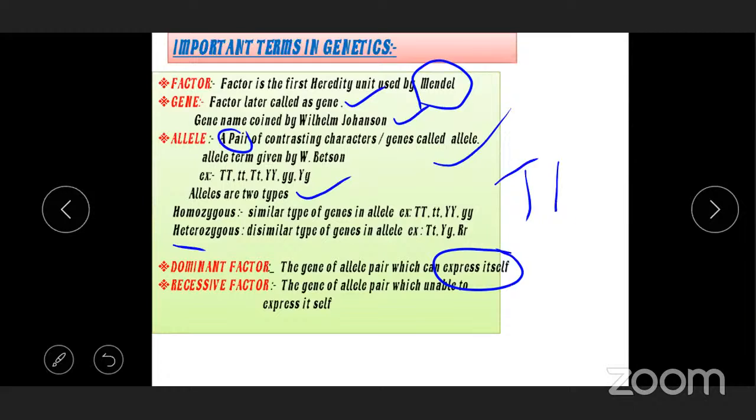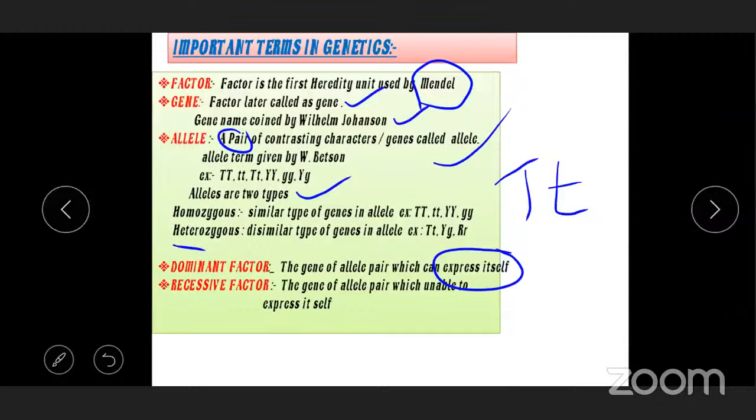Of these two genes, one is responsible for expressing the character outside, and the other is unable to express itself. The gene expressing its character outside is called the dominant factor. The gene of an allele pair which is unable to express itself, not visible outside, is called the recessive factor.